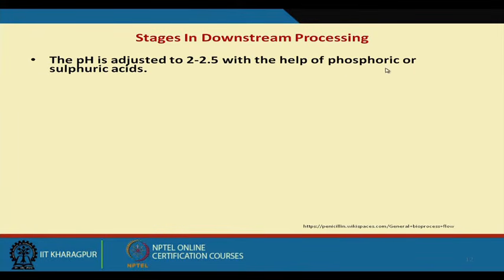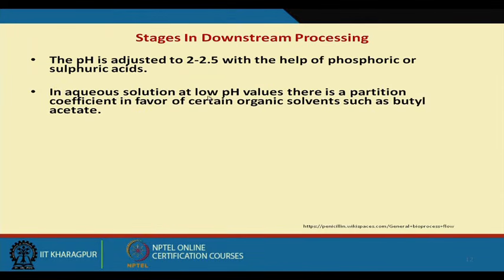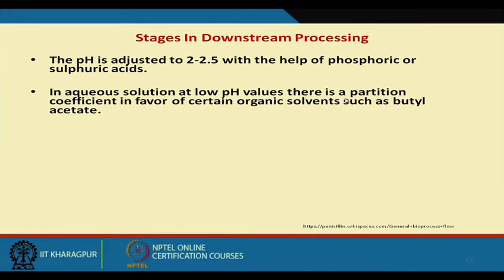with the help of phosphoric and sulfuric acid. In the aqueous solution at low pH there is a partition coefficient in favor of certain organic solvents such as butyl acetate and amyl acetate. So when you reduce the pH, the solubility of the solute will be more in butyl acetate as compared to the aqueous layer.